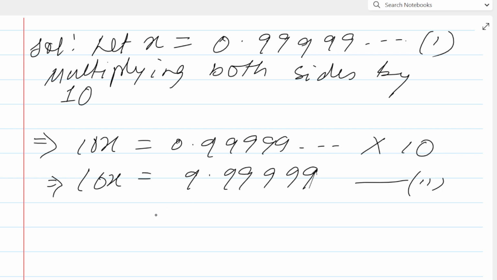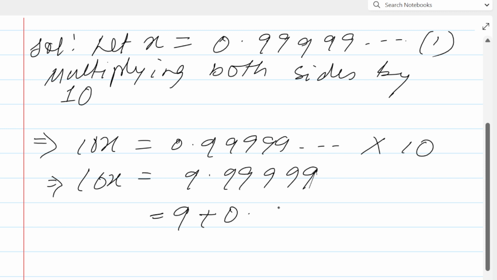Okay, so what I can do next, let's not write 2, you can do it like this. This gives me 9 plus 0.99999. After the point 5 digits, that gives me 9 plus, see this one again.